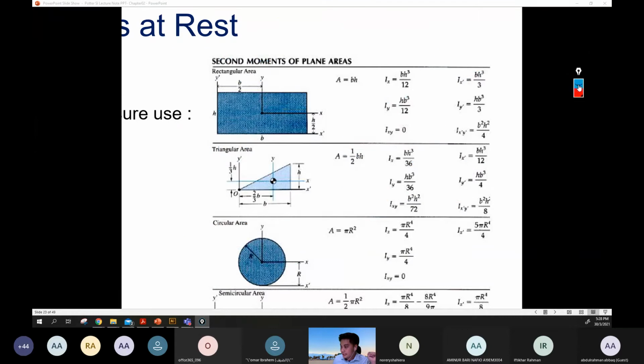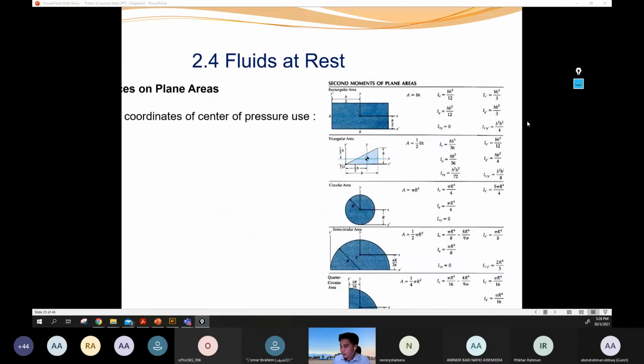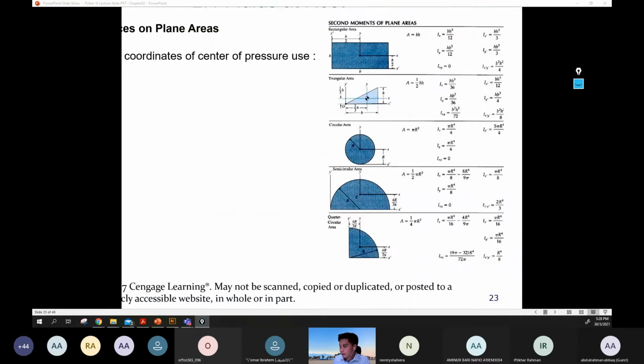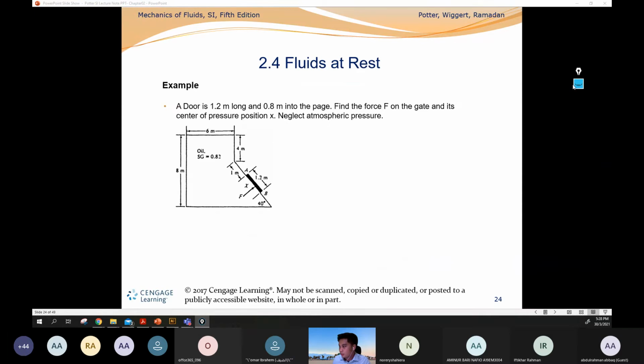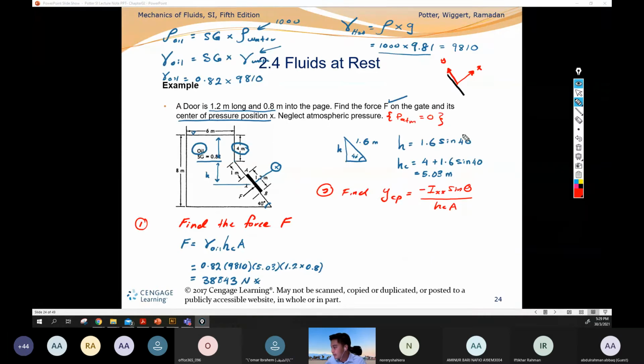So for this case, let's list the formula. So what's the formula? IX is equal to BH cubed over 12. Alright? So where is the H?